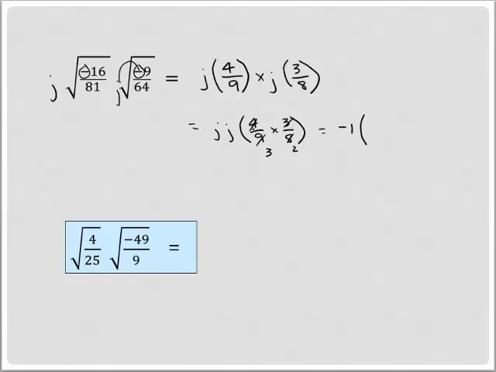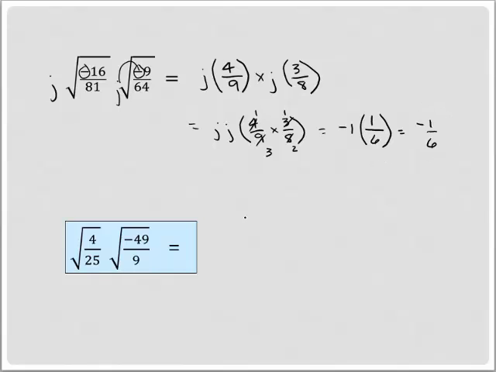Now we've got to do our fractions here. Let's see, that comes out as 1 and 1. So that's 1. And 3 times 2 is 6. So our answer comes out as negative 1/6. All right? So the newness of this video is that we're taking the negative signs outside. And look what happens. It's very nice when we take two j's outside because they equal negative 1 and it comes up with an actual number.